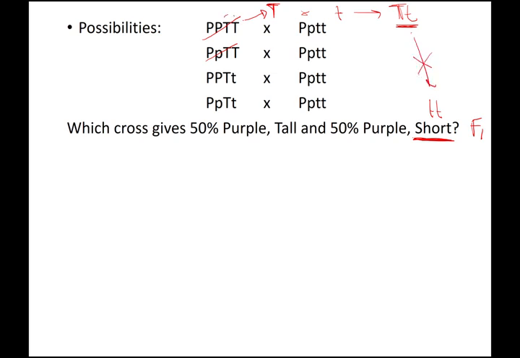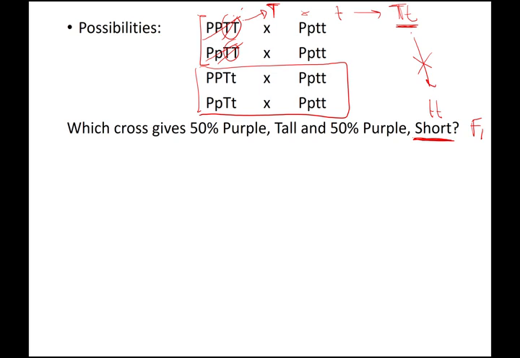So this is not possible. Okay, so you can already exclude it. If you don't believe me, you can do the Punnett square for these 2. So now we're left to test these 2 possible combinations. If you want, again, you can do the other 2 as well, but my reasoning is already narrowing down to these 2 possibilities.